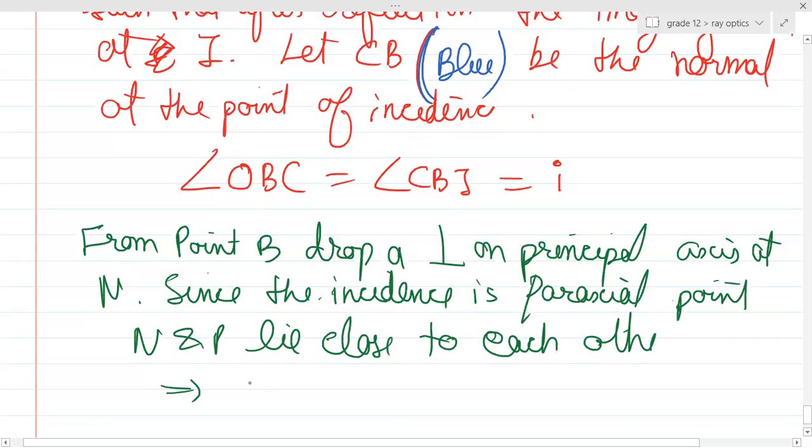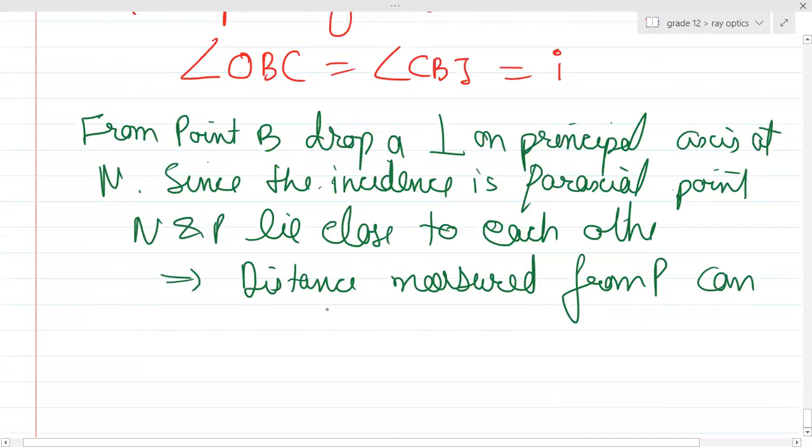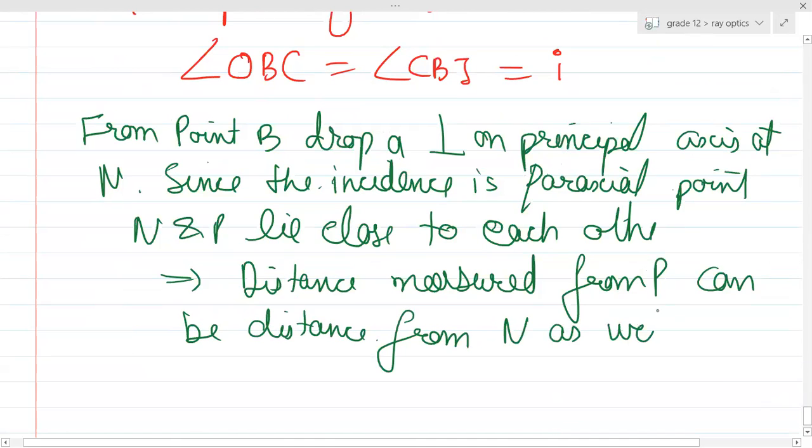That implies the distance measured from P will be approximately equal to the distance measured from N as well. Can you see, the distance measured from P can be assumed as the distance from N as well, right?